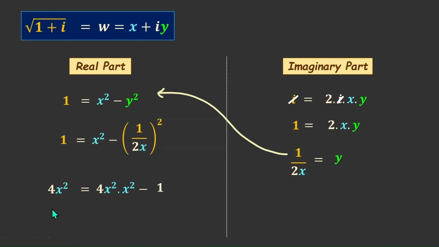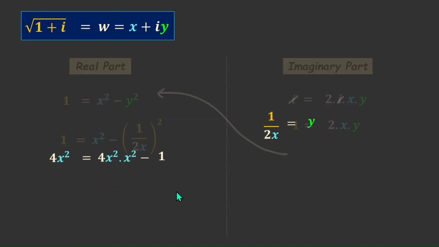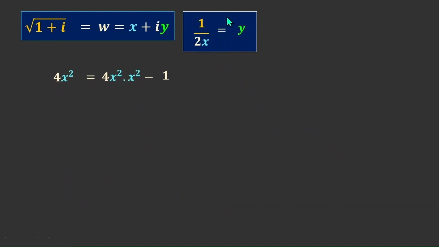So when we bring 4x squared on this side, we get 4x squared into x squared minus 4x squared minus 1 is equal to 0.